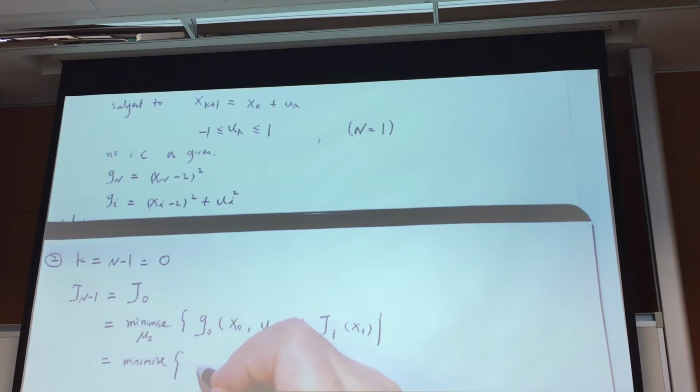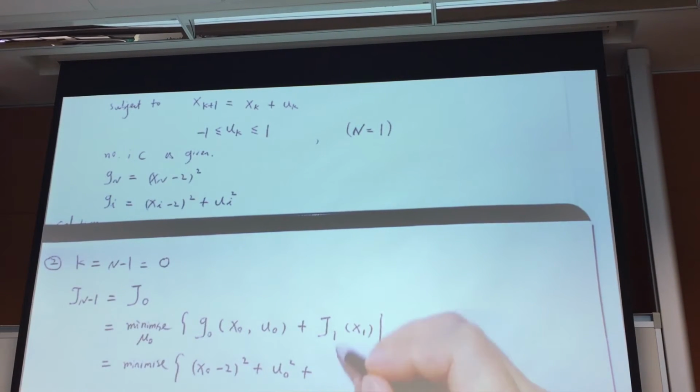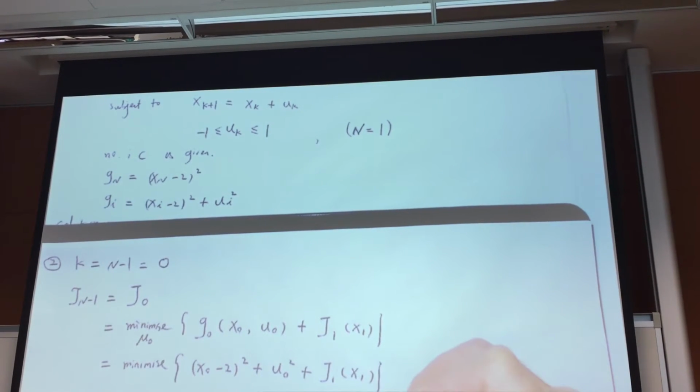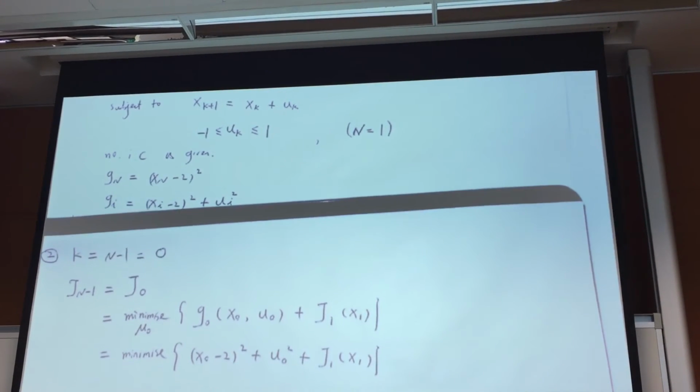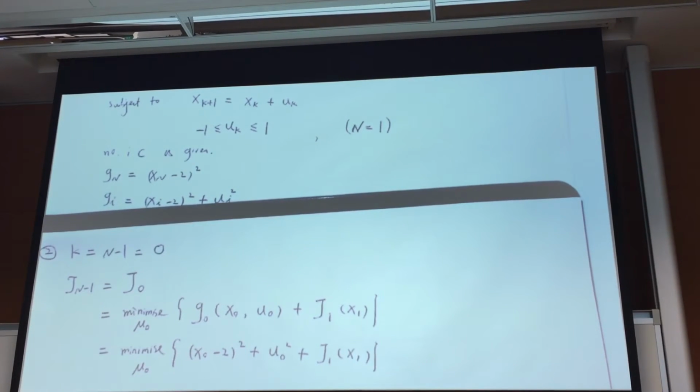So this is x0 minus 2 squared plus u0 squared, plus J1 of x1. We also try to minimize this function in terms of the optimal control policy mu0.